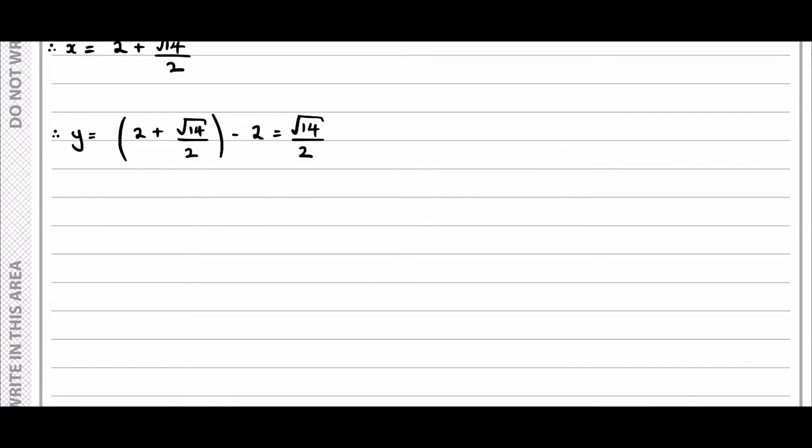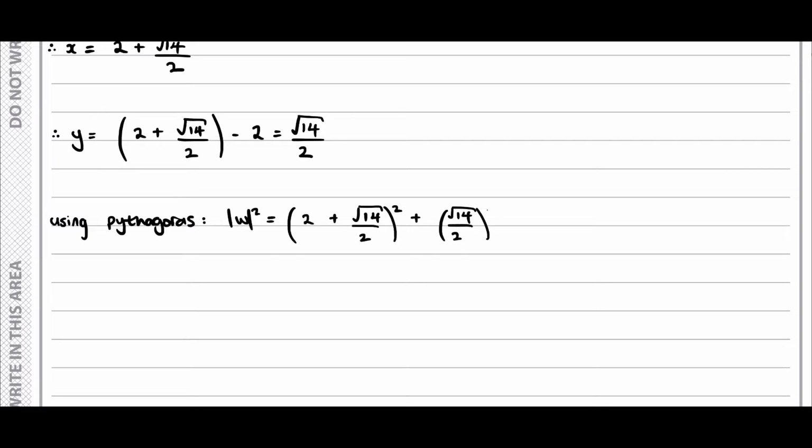So, using Pythagoras, we have the norm of w squared equals 2 plus root 14 over 2 squared plus root 14 over 2 squared.